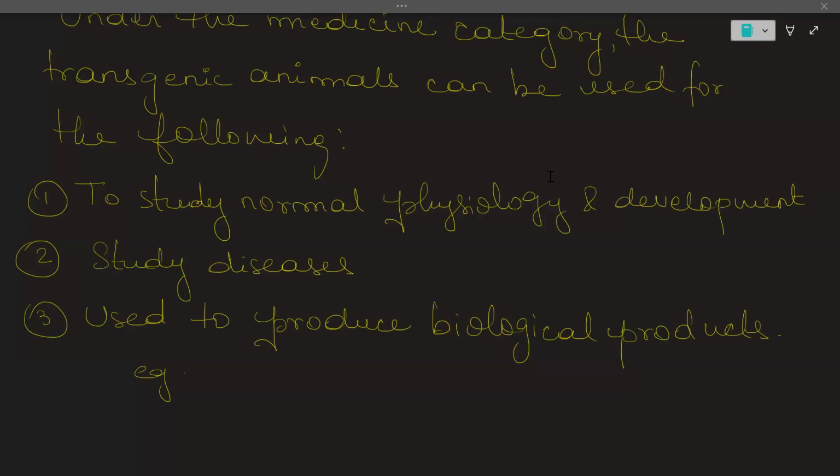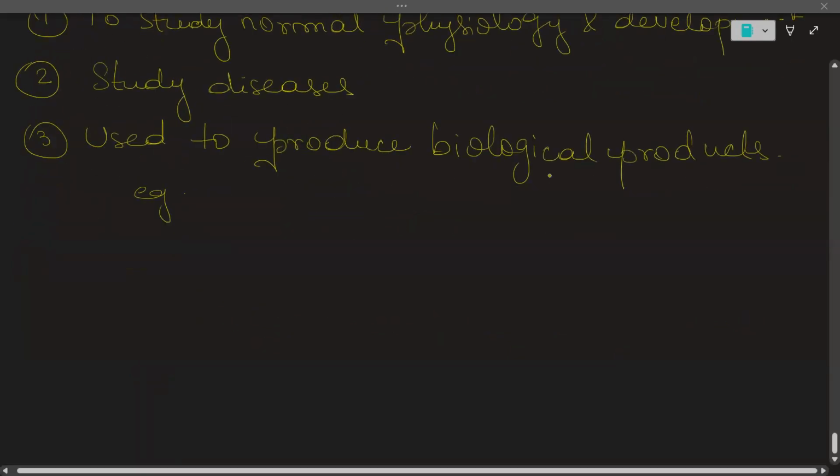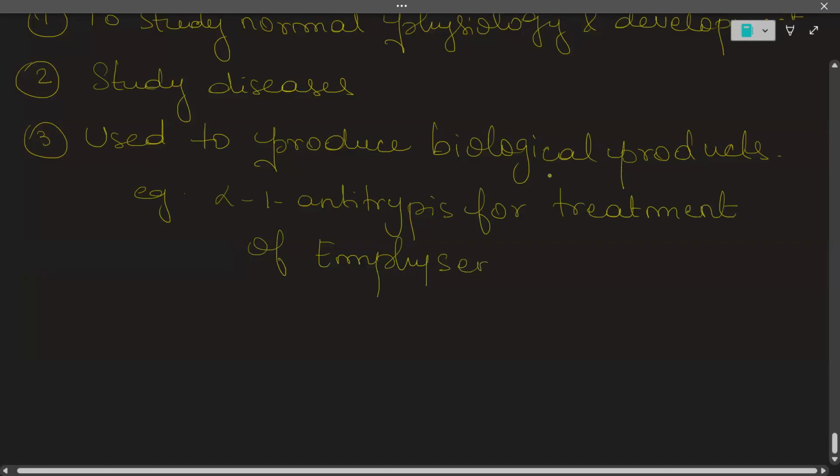That can be used for human babies, and it is more beneficial than normal cow milk. Emphysema is the name of a disease.